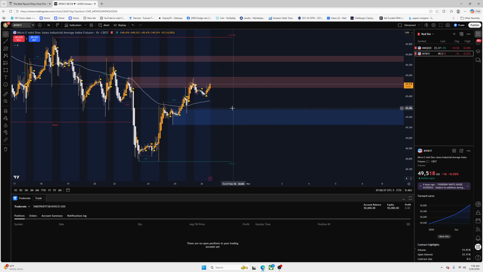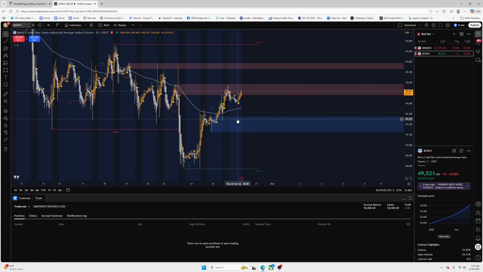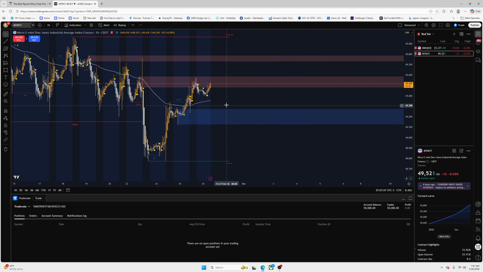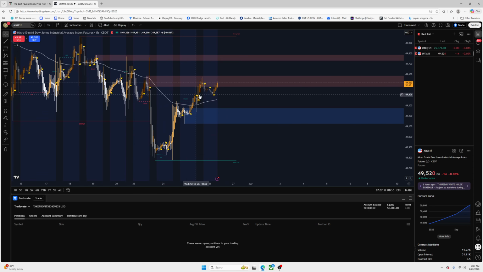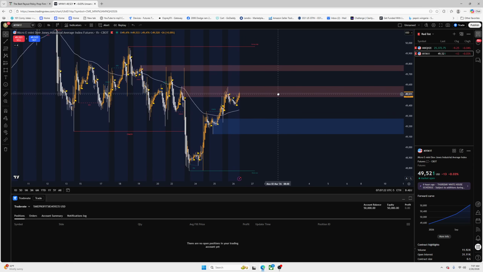Anyways, so we're gonna be looking. Price is above the EMA. So on US 30, I would probably be looking for buys, unless price decides to disrespect. But it's making positive market structure now, bullish market structure, and it looks like it could be another bullish day for US 30.